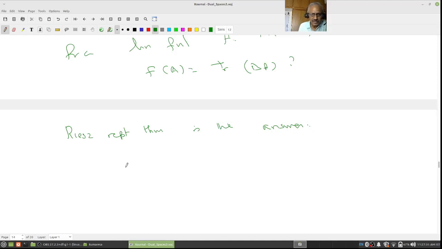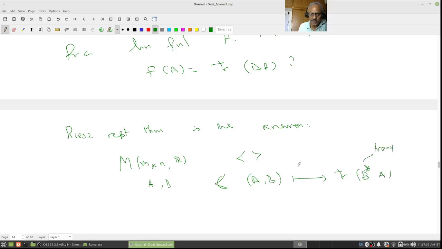What is this? For M cross N R, I can introduce an inner product. Give me A and B here, then the pair (A, B) goes to trace of B transpose A. Let me write B star. This is the transpose.